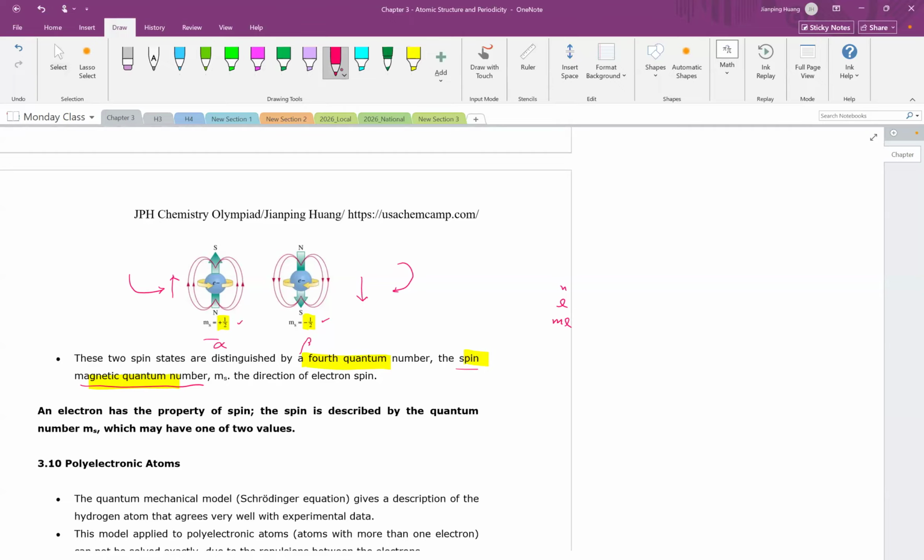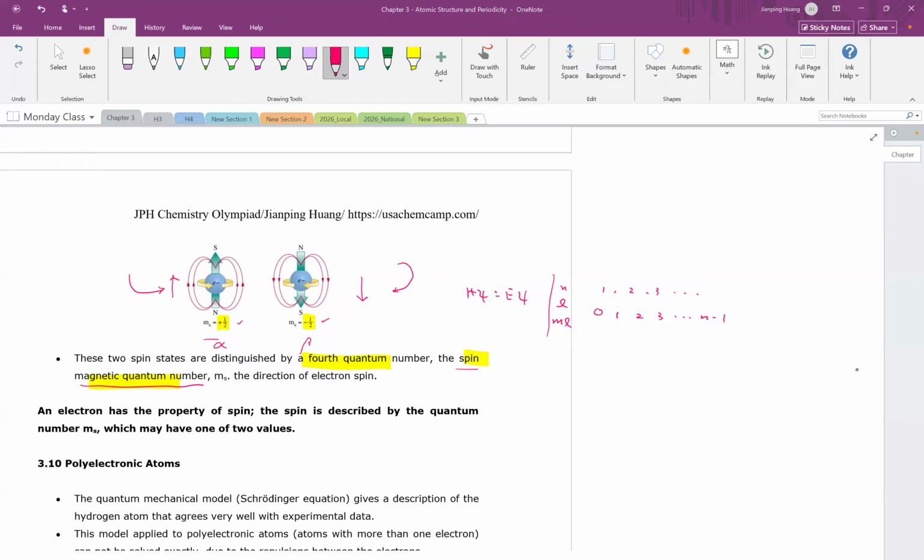come from H psi equals E psi. For N, you get 1, 2, 3. For L, 0, 1, 2, 3, up to N minus 1.